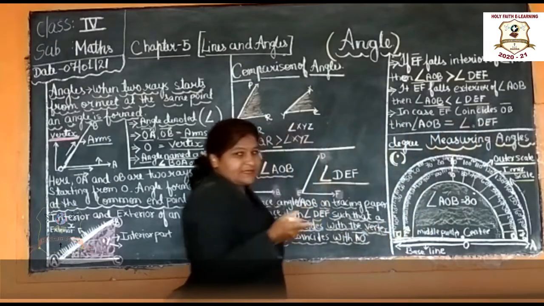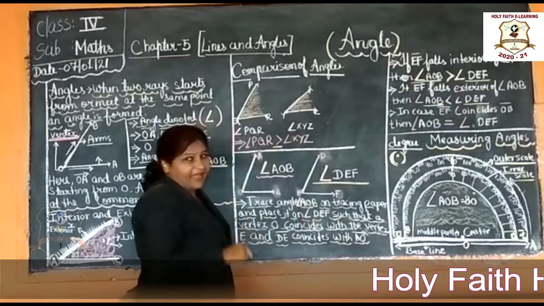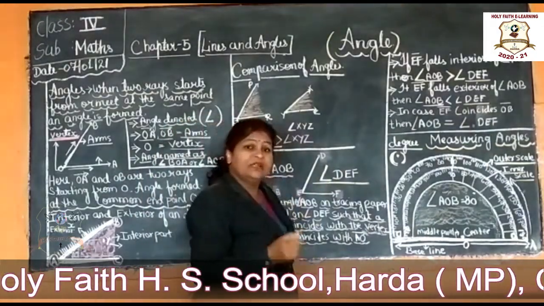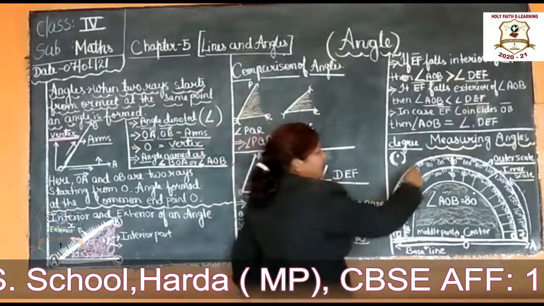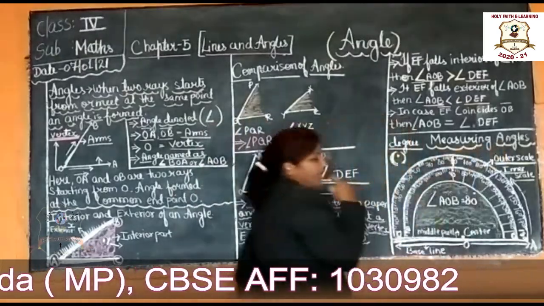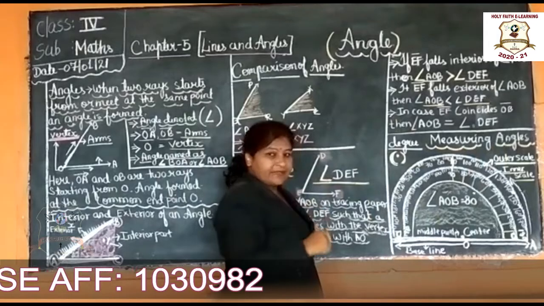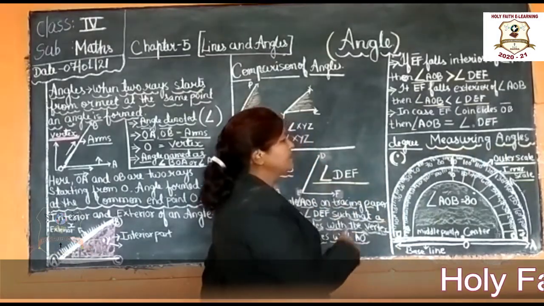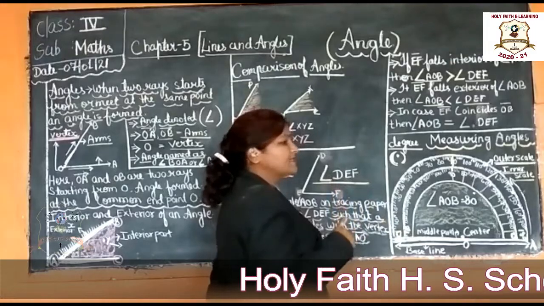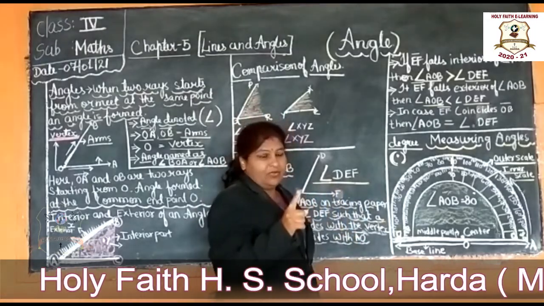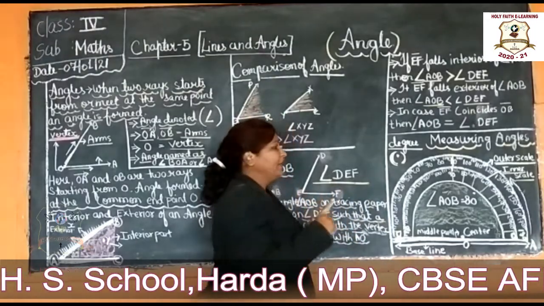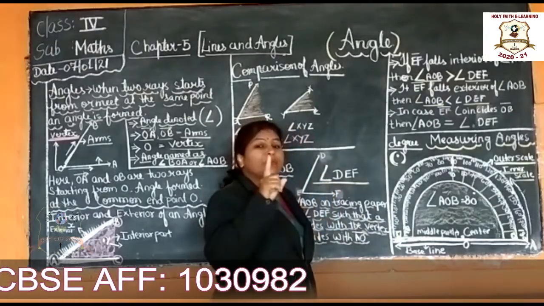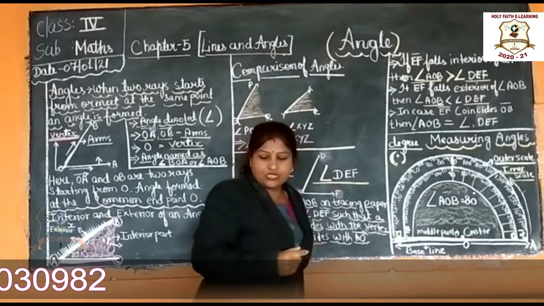This is the comparison of angles. Now we will come to our next topic, measuring angles. How will we measure angles? Angles are measured in degrees, and for measuring angles we always use a protractor.